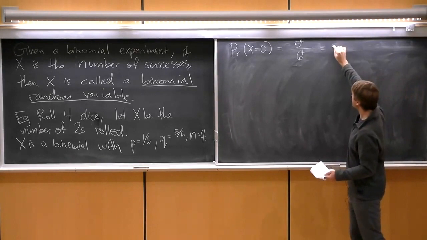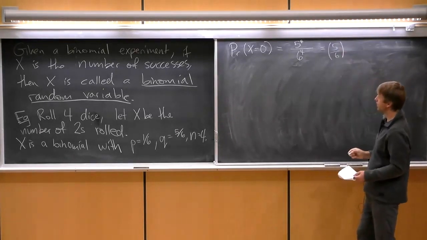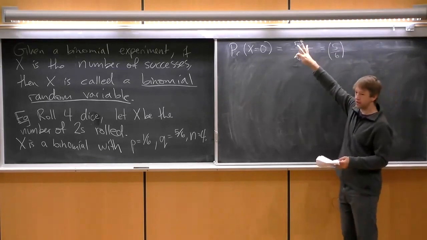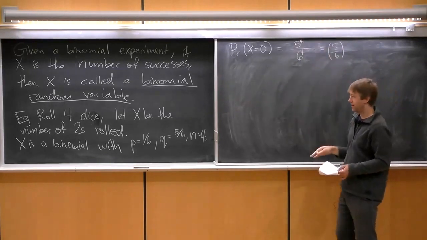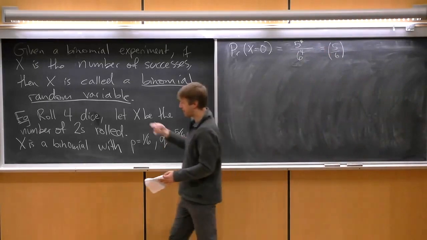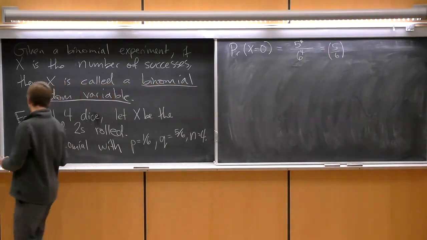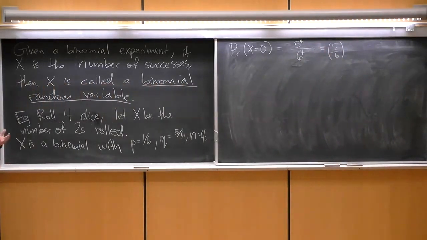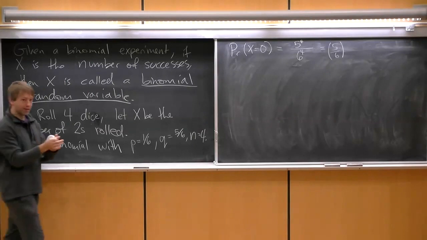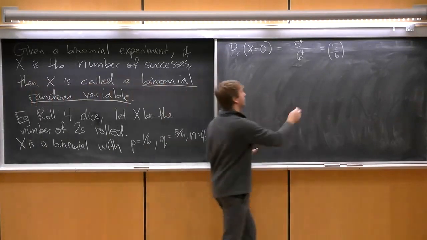Another way to think of this is that these are independent rolls, right? So how many ways can we have 0 successes? Well, the first one has to be a failure, and then the second one has to be a failure, and those are independent, so you can just multiply the probabilities.